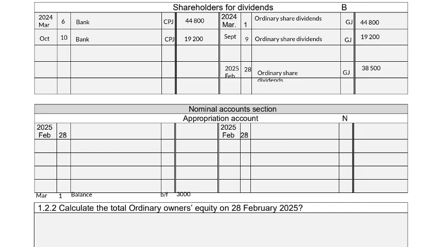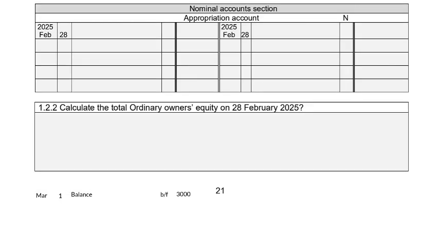38,500 Rand. In the appropriation account, we take the income tax, ordinary share dividends, and retained income to the profit and loss accounts.